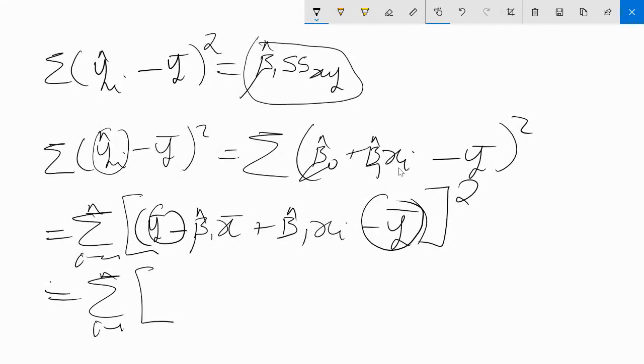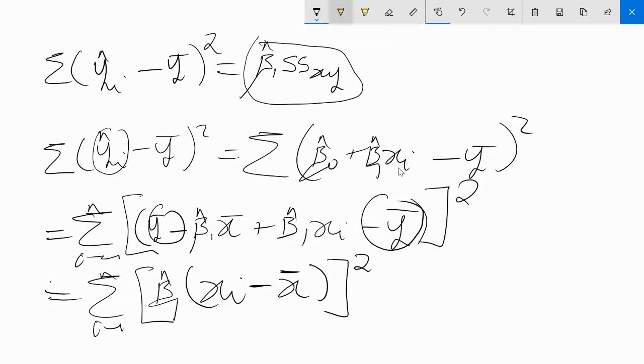And now I'm starting with this. I have beta 1 hat xi. Then I'm taking beta 1 hat as a common factor. This side I will be left with this, and these are squared. So what we are having there, let me use a different color, is this.